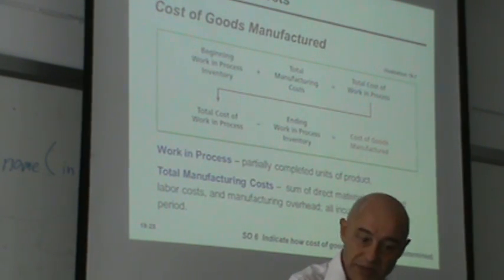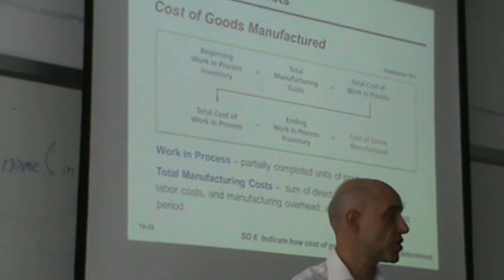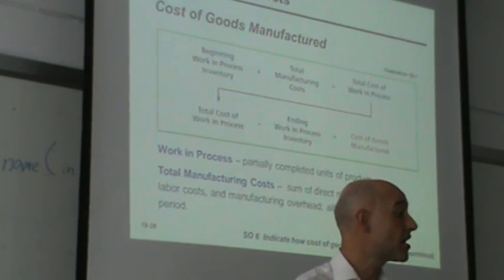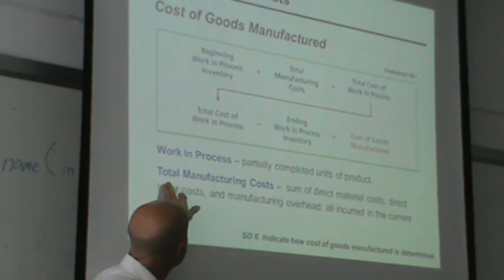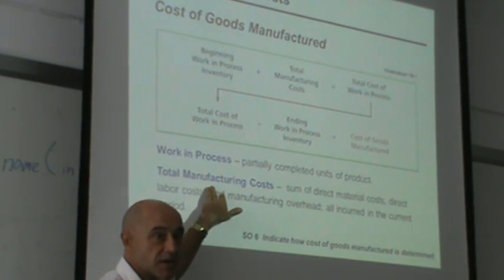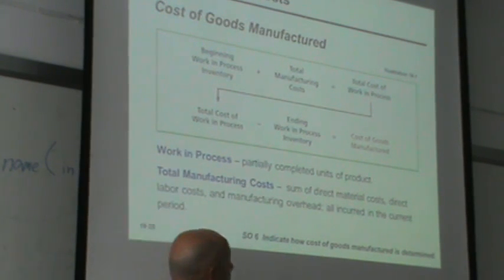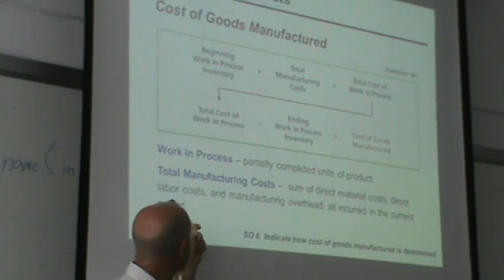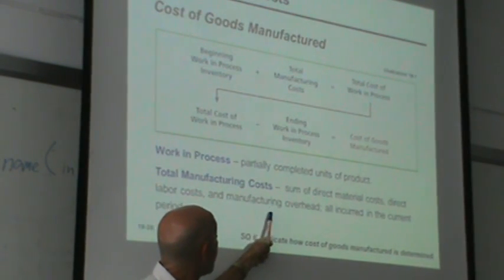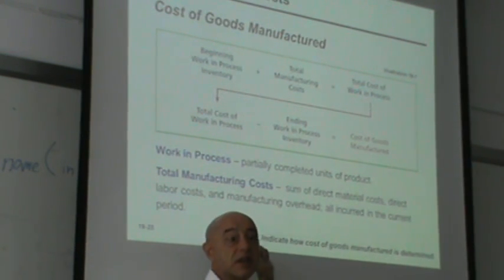So right now it's a work in process. The course is partially complete or incomplete, okay? And then you have total manufacturing costs. And we already covered them before. It just repeats. It includes direct material, direct labor, and all overhead. So, and these are incurred in the current period.